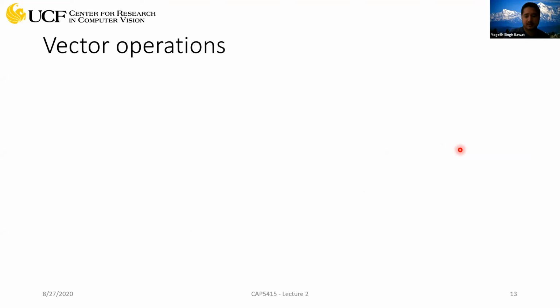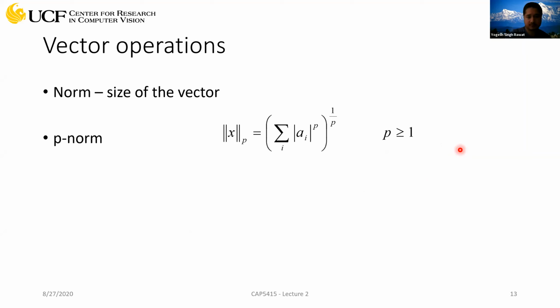Okay, let's now see what kind of operations we can perform on vectors. The first one is norm. It indicates the size of the vector, and it's used widely when you are coding in deep learning. We mostly use 3 kinds of norms. First I will talk about the general form of norm, which we call P norm. And that's the formula for computing P norm.